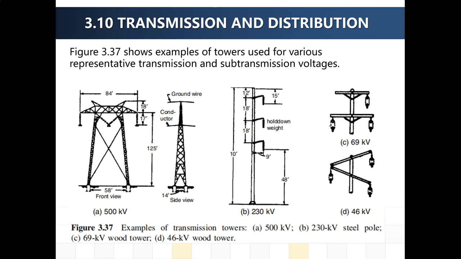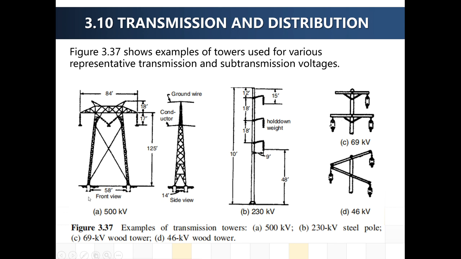Figure 3.37 shows examples of towers used for various representative transmission and sub-transmission voltages. Graph A shows the transmission at 500 kilovolts. This is a transmission tower.